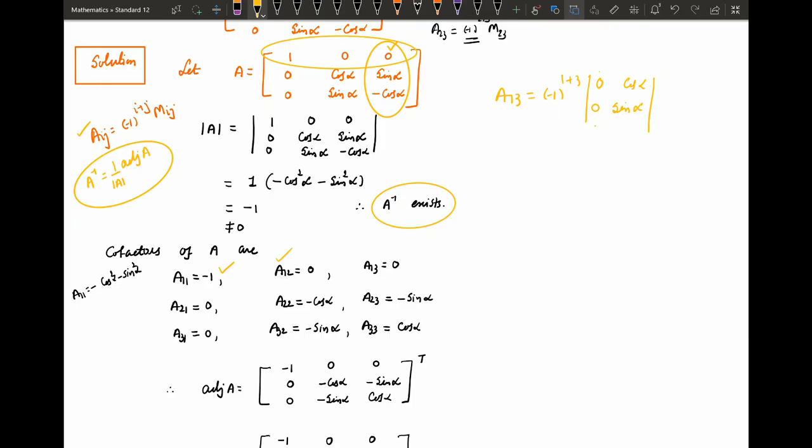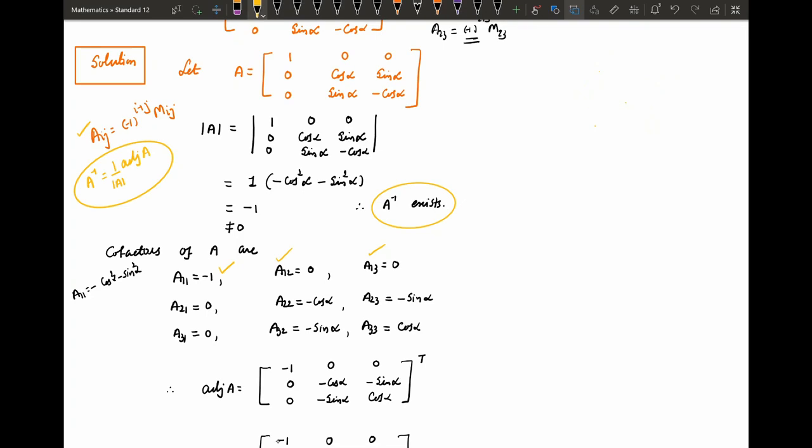You can observe the value of this determinant is 0, 0 into sin alpha minus 0. So A13 is 0. So first, for each of the 9 entries, we will evaluate their cofactors.